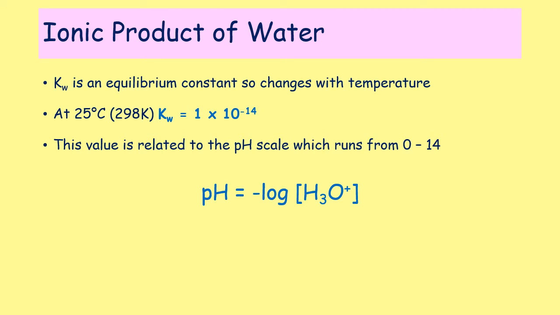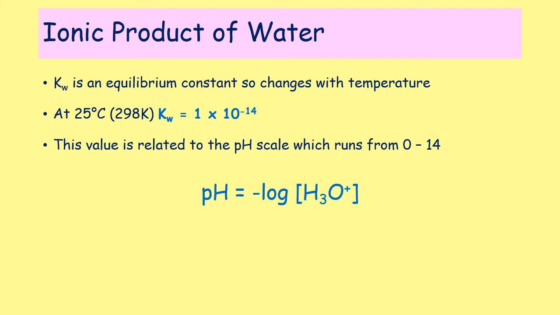pH, you probably did know, was related in some way to the concentration of H plus ions. We now know that H plus ions are more correctly called hydronium ions, H3O plus ions, and pH is equal to minus the log, to the base 10, of the concentration of hydronium ions.